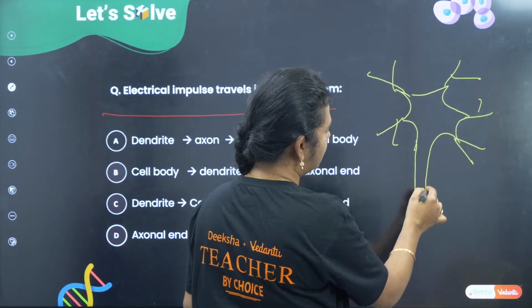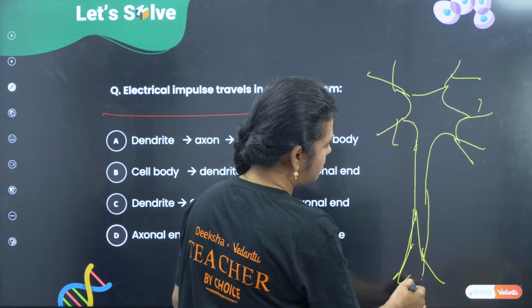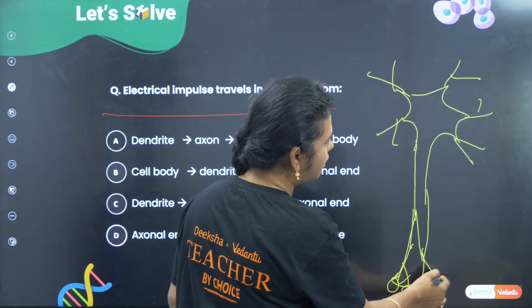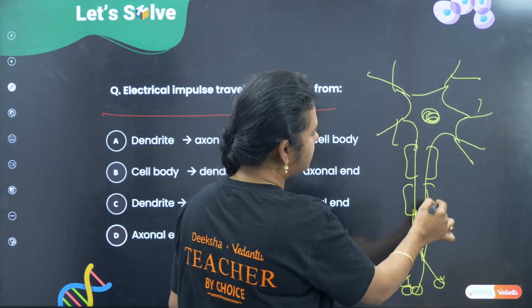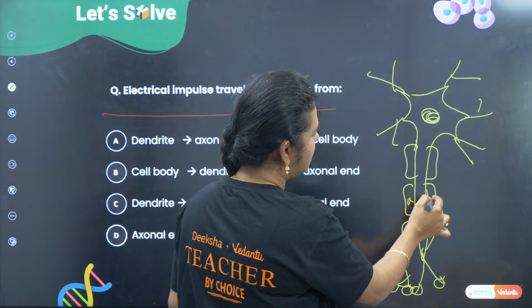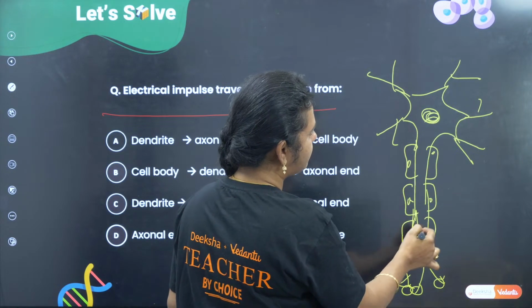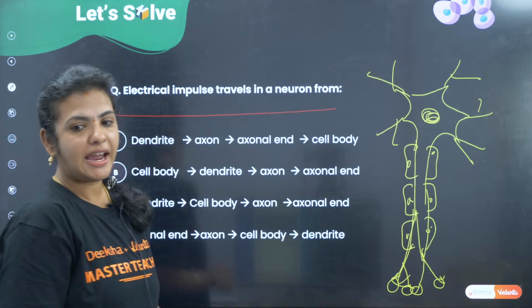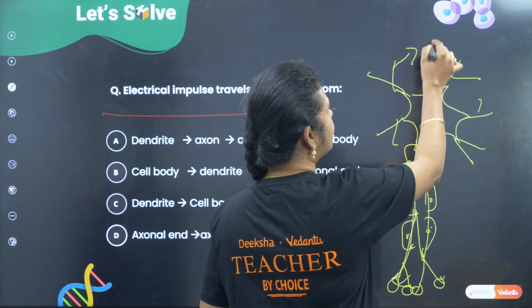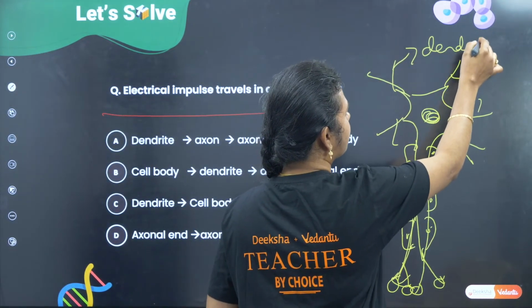Okay, so quickly we'll show the diagram of the neuron. This is how it looks. These are your Schwann cells. Correct? So this is the structure of a neuron, and these are the dendrites.